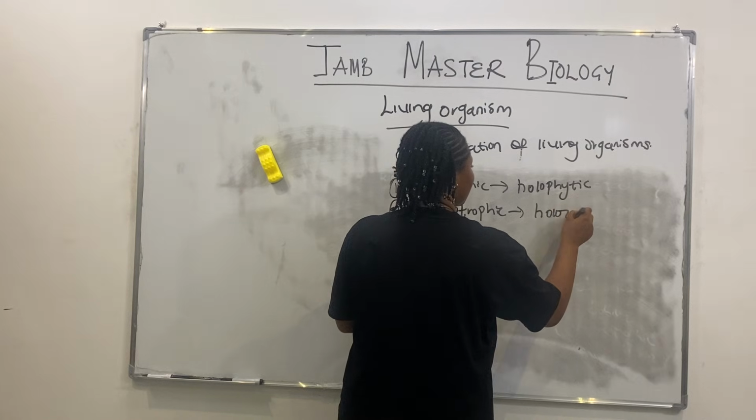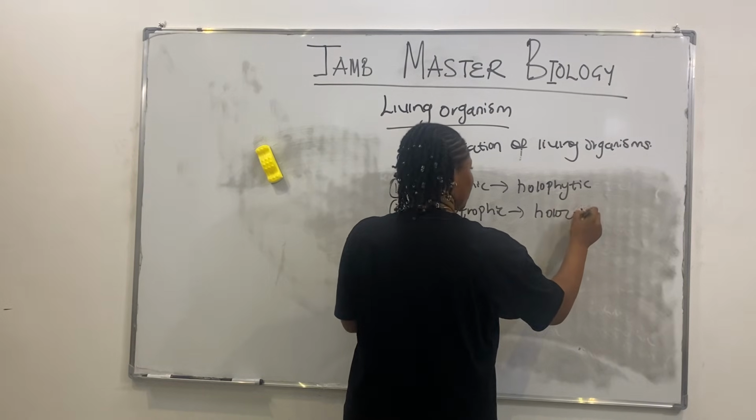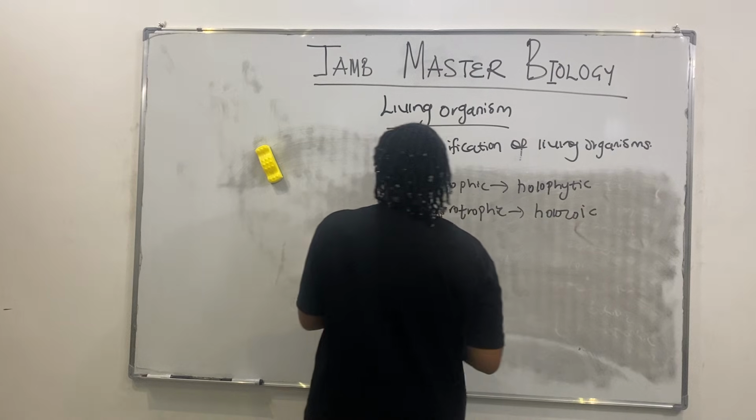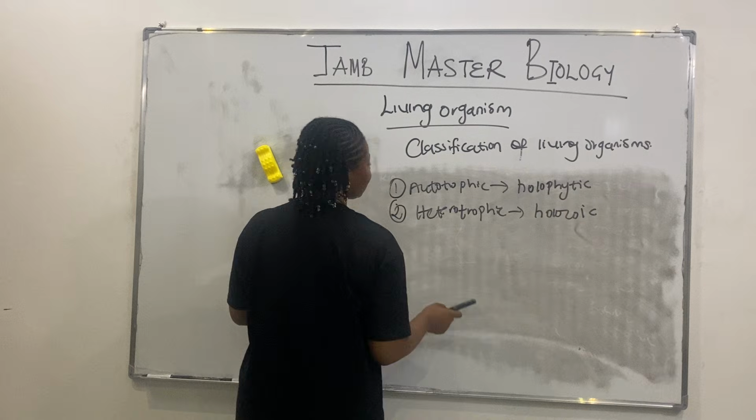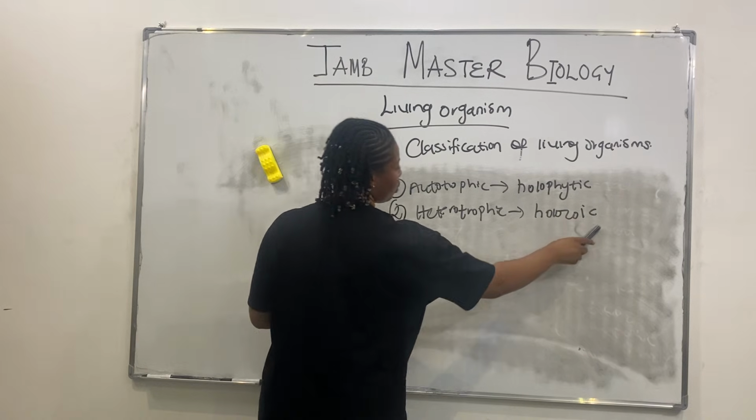Holozoic. So autotrophic is the same thing as holophytic. Heterotrophic is the same thing as holozoic.